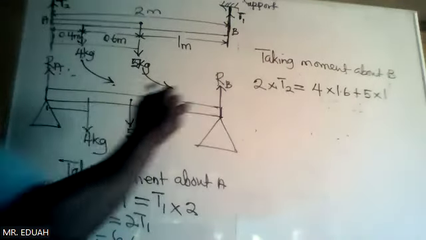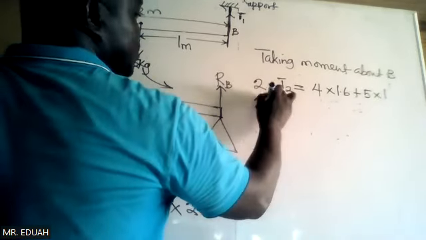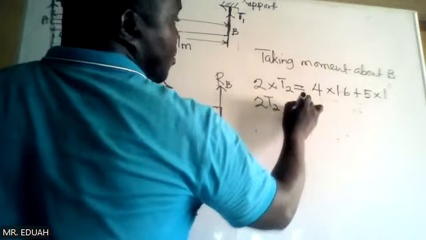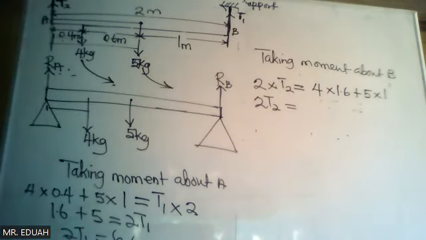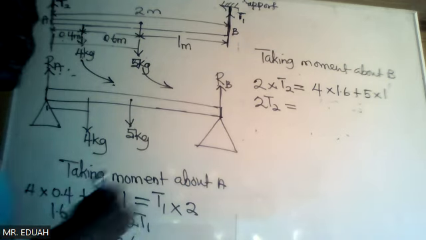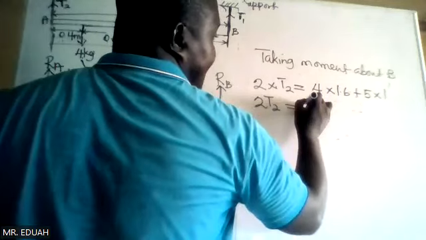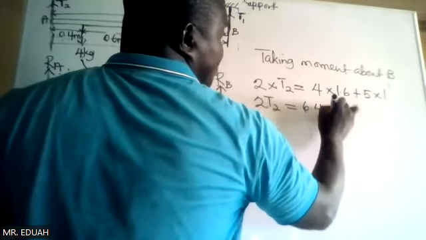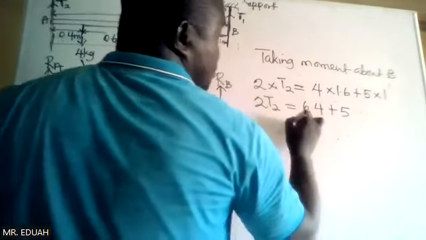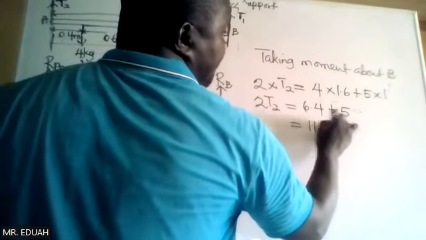Okay, so we have 2T2 being equal to what is 1.6 times 4? 6.4. 6.4 plus 5, so we have 11.4.